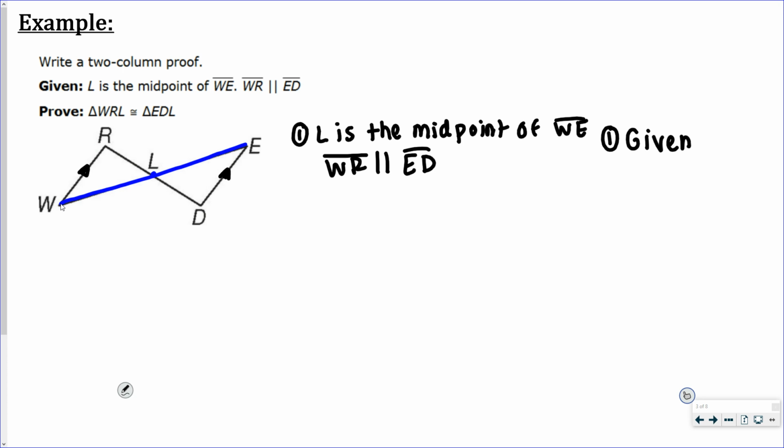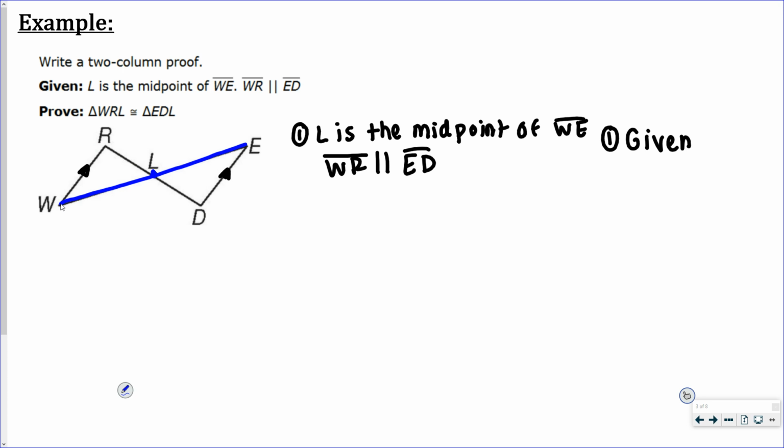All right, now those of you that have been coming into like RTI for help, I've heard just like, I just don't know like what order to do it in, and it doesn't technically matter. There's like a couple directions I could go from here. And I personally just start with like what's given to me, because obviously that's going to help you show some type of congruency. So right away I'm given L is the midpoint of WE. So I ask myself, okay, what does that mean?